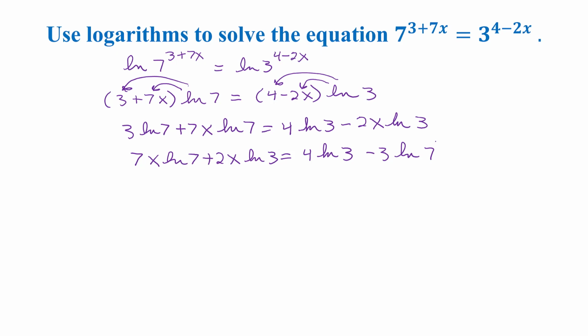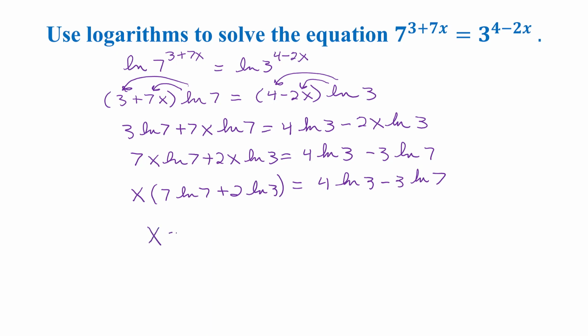We're almost done. So what I want to do on the left side is factor out the x. I have x times 7 times the natural log of 7 plus 2 times the natural log of 3. The right side doesn't change yet, but it will shortly. And then I'm going to divide through by 7 natural log 7 plus 2 natural log 3.